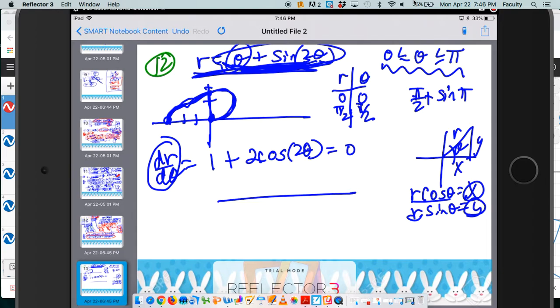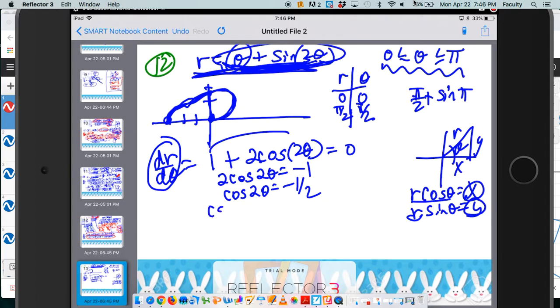You could do this by hand or put it in your calculator in function mode. But I'm going to go 2 cosine 2 theta equals -1. Cosine 2 theta equals -1/2. I'm looking at that as cosine u equals -1/2, briefly letting 2 theta be u.